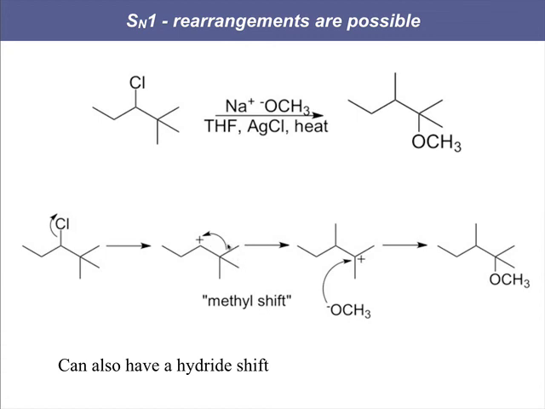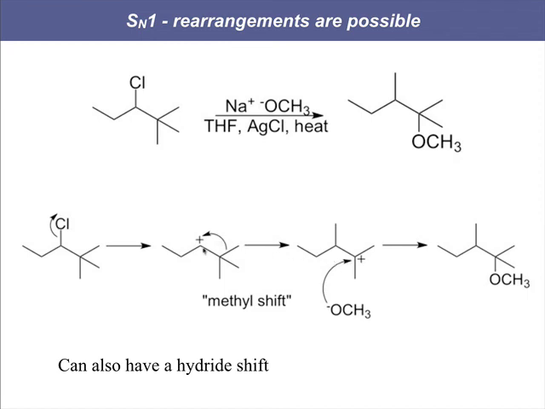And a methyl shift would only happen if the cation will increase in stability. So we could go from a secondary to a tertiary, or maybe from a secondary to a resonance stabilized cation, or from a tertiary to a resonance stabilized, like an allylic cation or a benzylic cation.